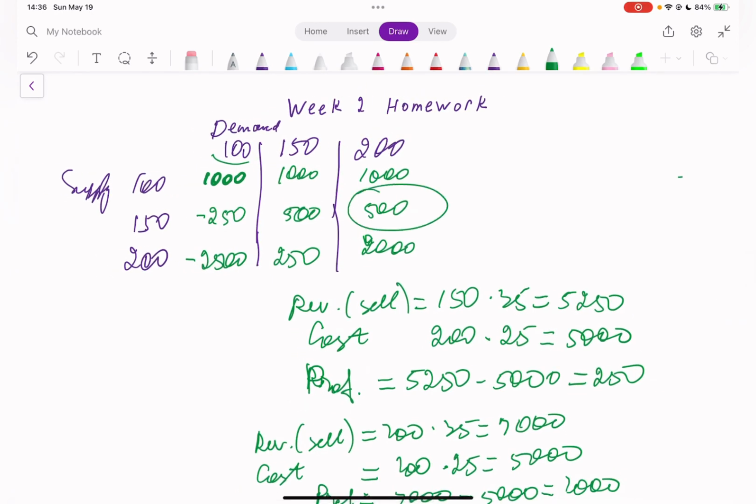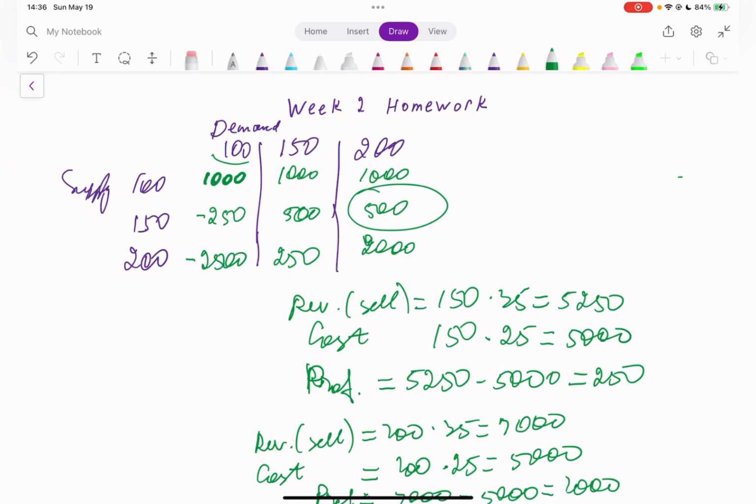I want to check this one. So we have 150. We sell for 35. Just because demand is 200, we don't have 200, we still have 150.